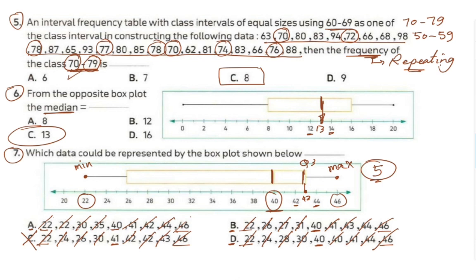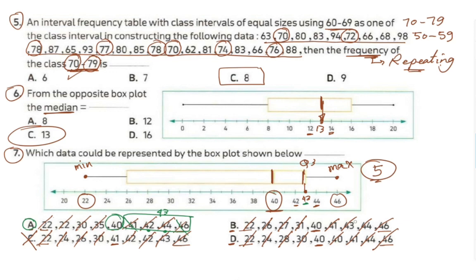Start with A. Delete this number as the median. We have this group of 4 numbers. Delete one from left and one from right, you find 2 numbers, 42 and 44. In between them, 43 as Q3. That's okay. So A may be right.